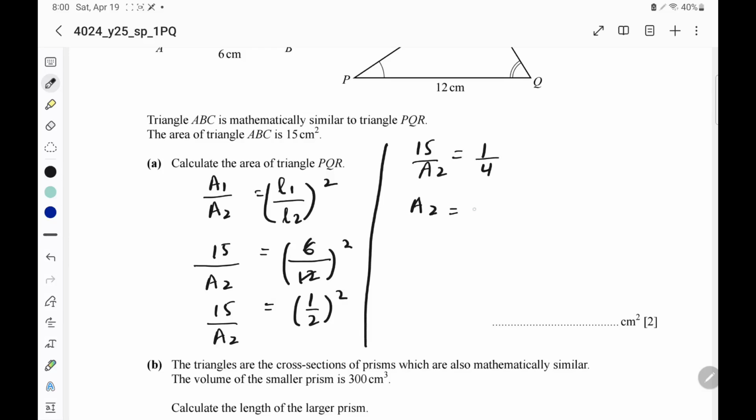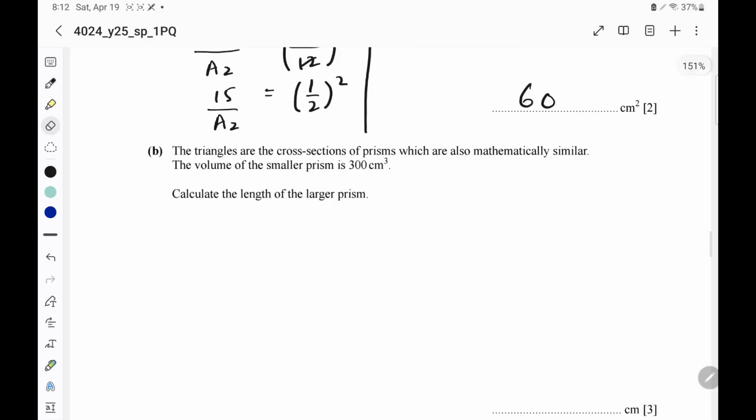Then A2 equals 4 times 15, which is 60 square centimeters.